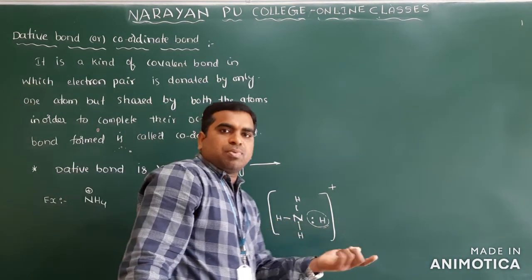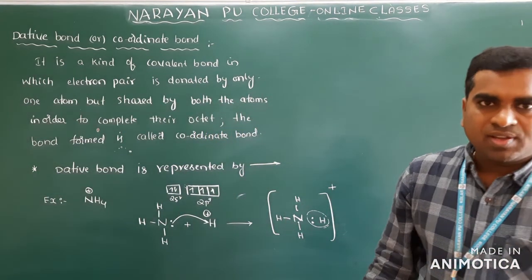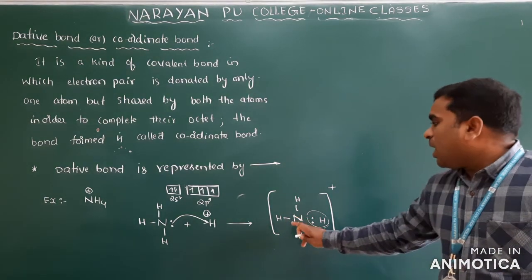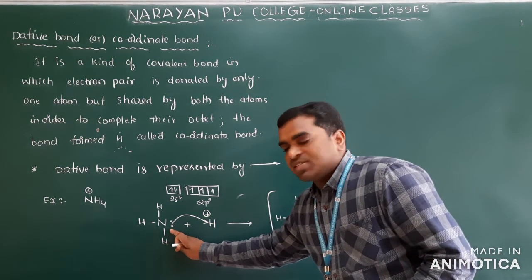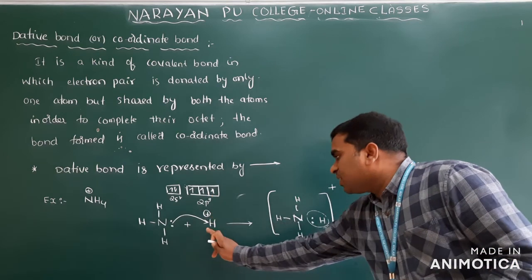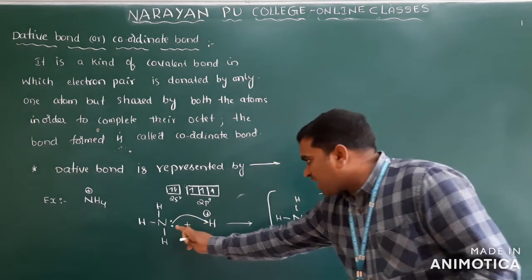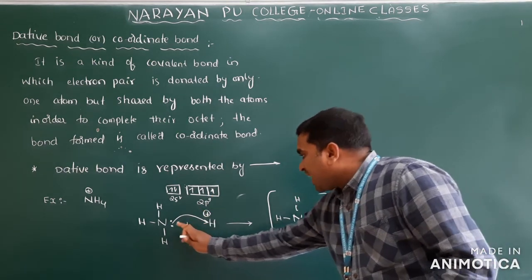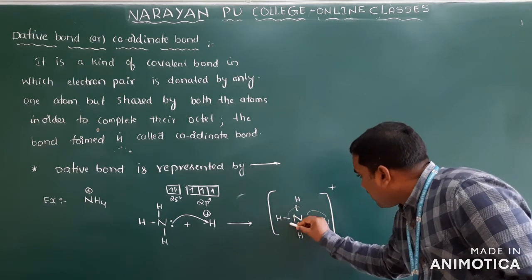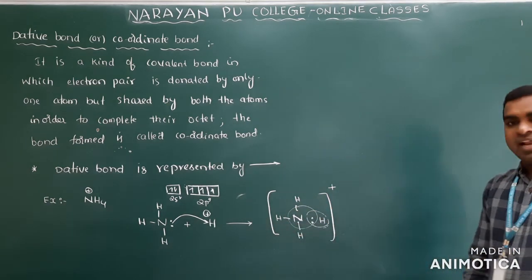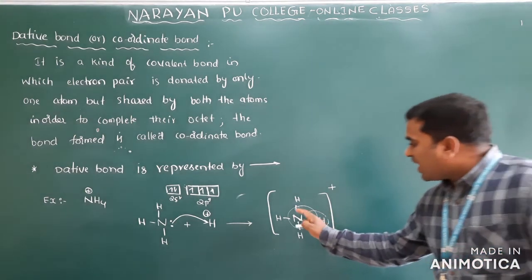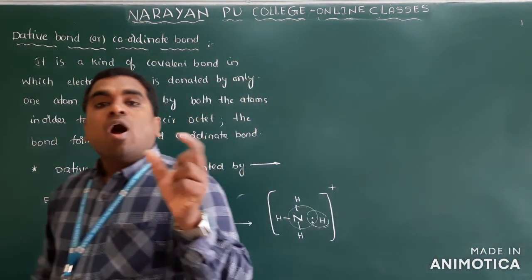Doublet means, you know, it is stable. Clear? Observe in this case only one atom is donating electrons, but those electrons are shared by both the atoms in order to get the octet.